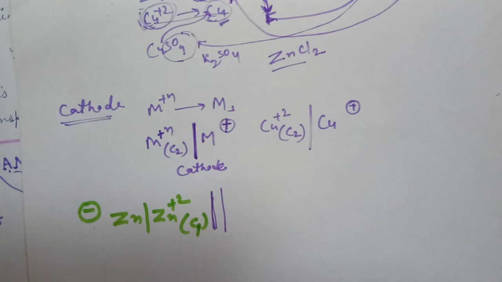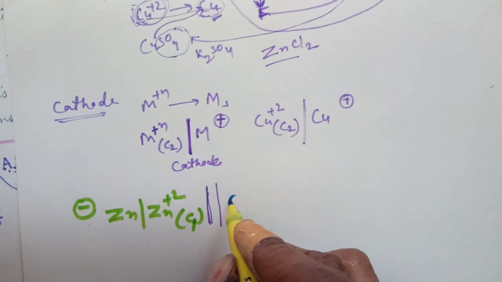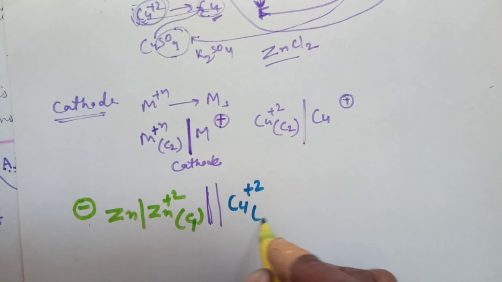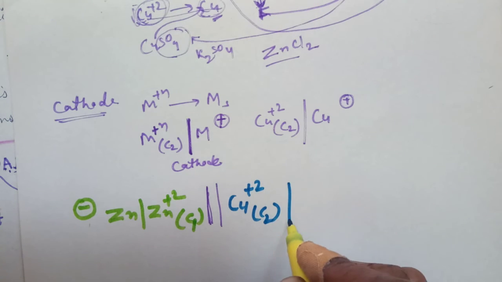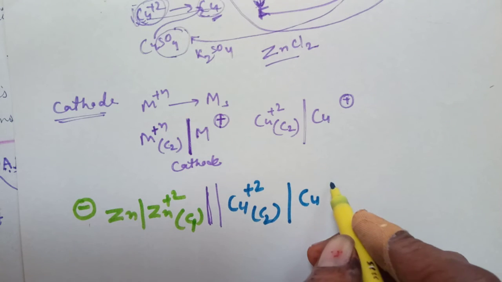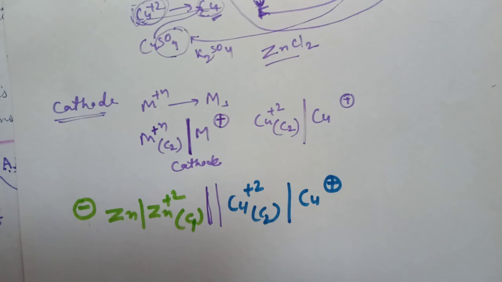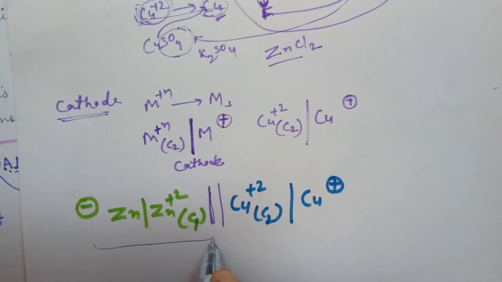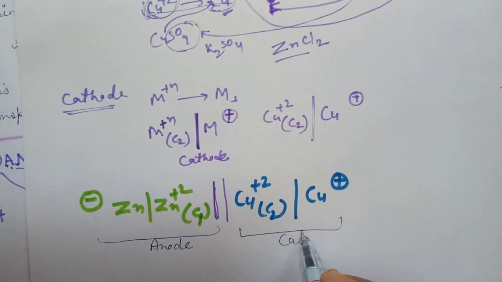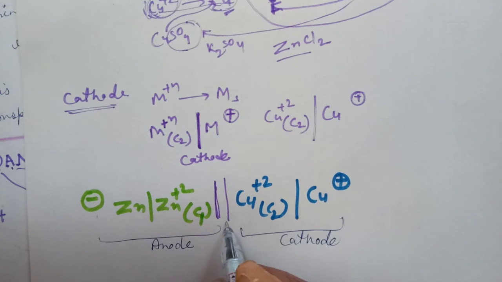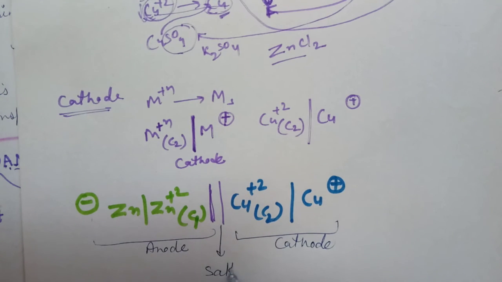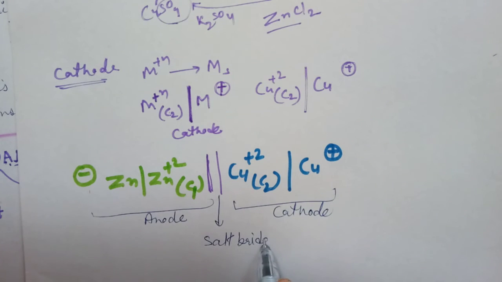This is the anode. Then the salt bridge, then the cathode: Cu plus 2, concentration in brackets, vertical line, Cu, positively charged. This is the complete Daniell cell. Clear? This is the representation.